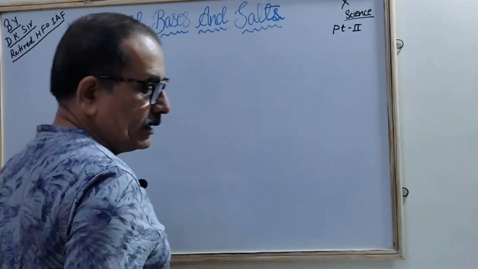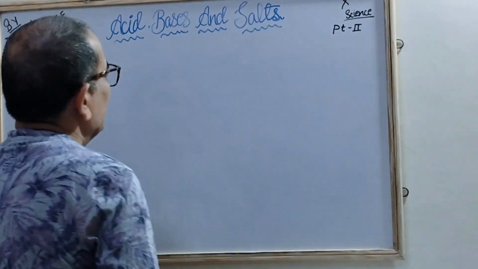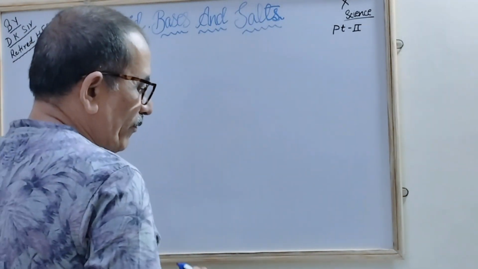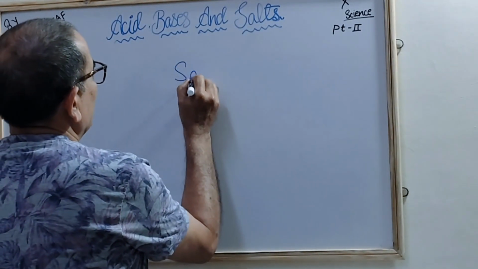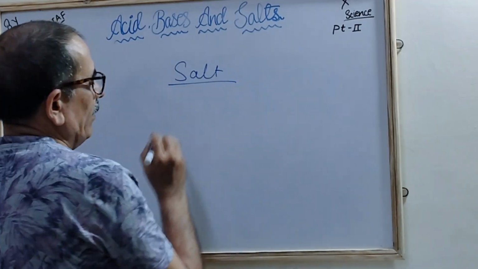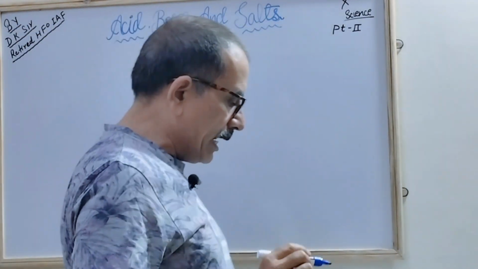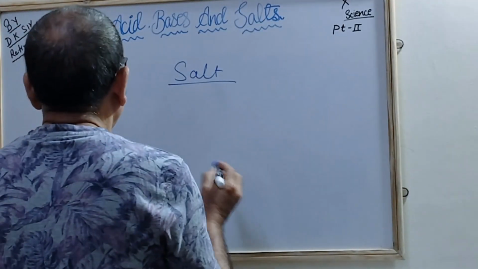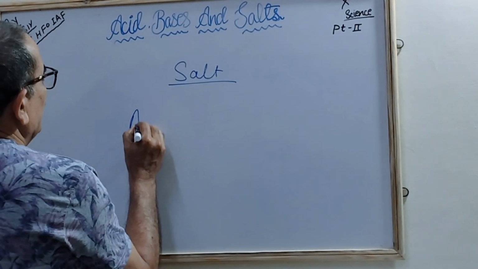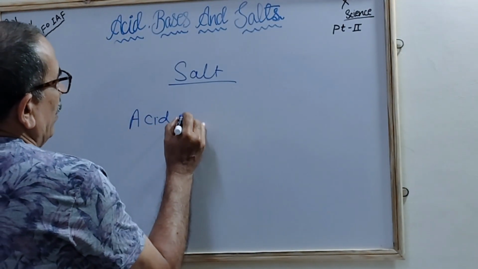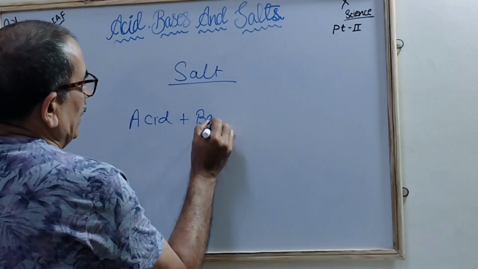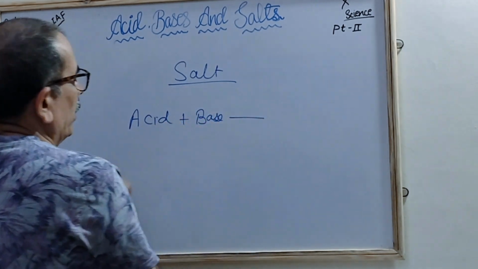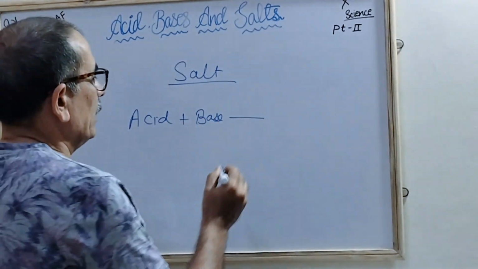The salt is a part of our every food. We can't avoid salt. Salt is present everywhere. Salts are produced by the neutralization reaction. What is the neutralization reaction? When there is an acid and a base, then what will it form?